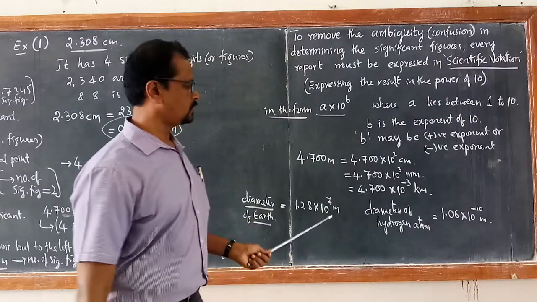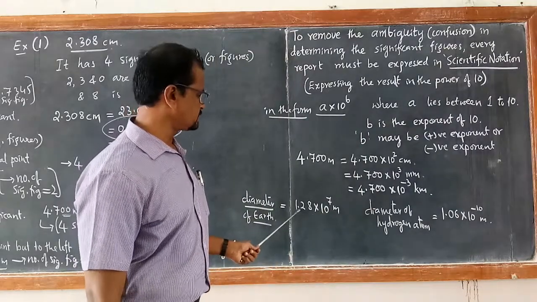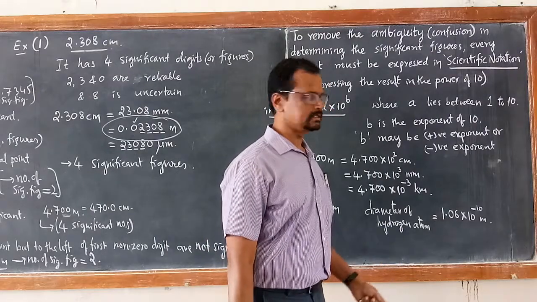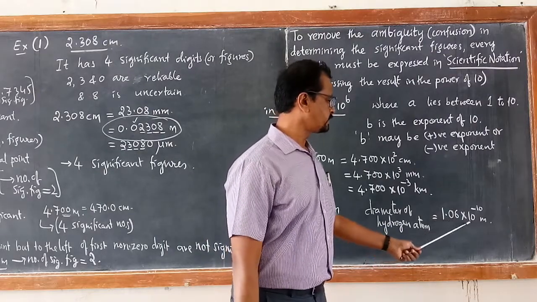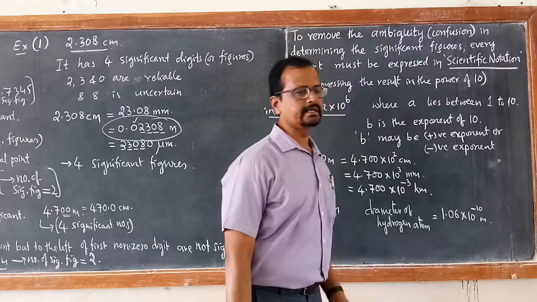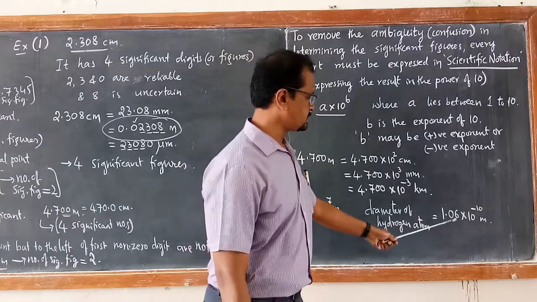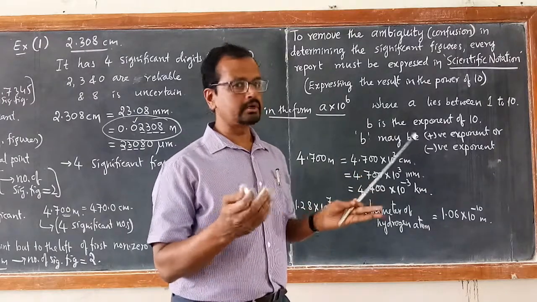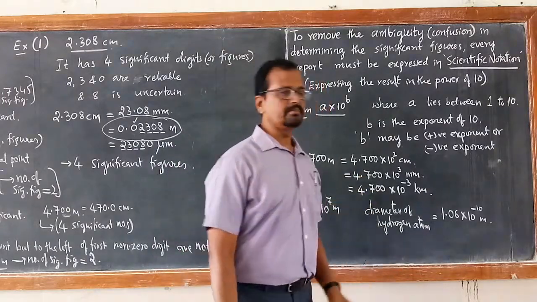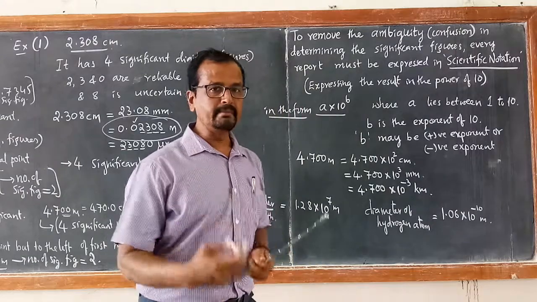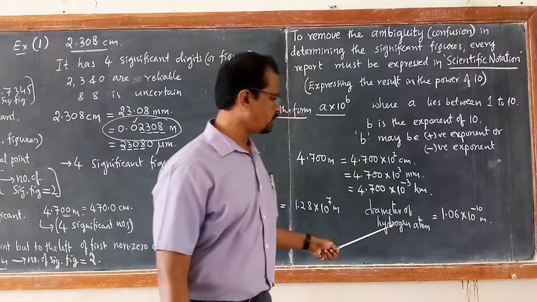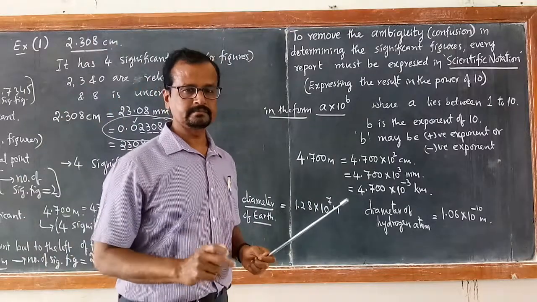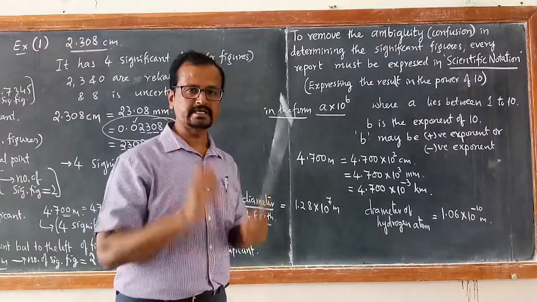Again, it has three significant figures, as in the earlier example. This tells us the order of magnitude. Even if we do not remember the exact value 1.06, we can remember the order of magnitude. So the order of magnitude of a hydrogen atom is 10 raised to minus 10 meter, that is one angstrom.